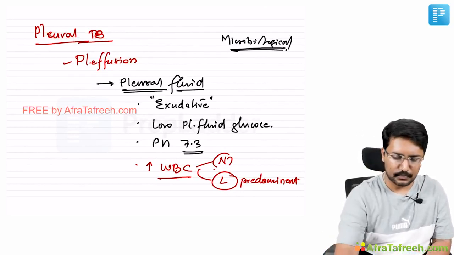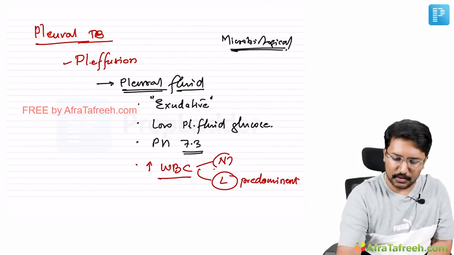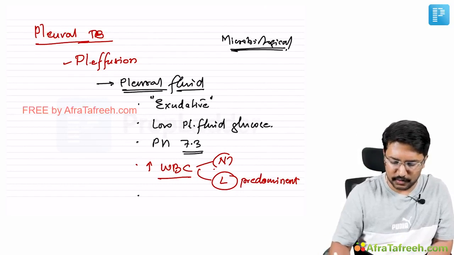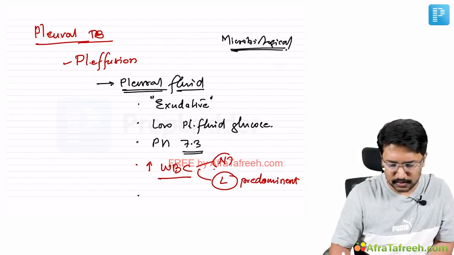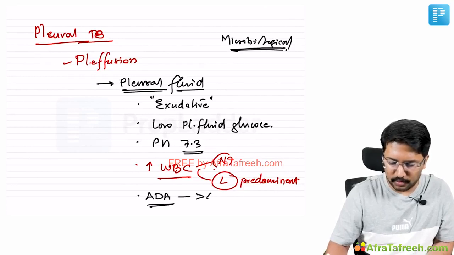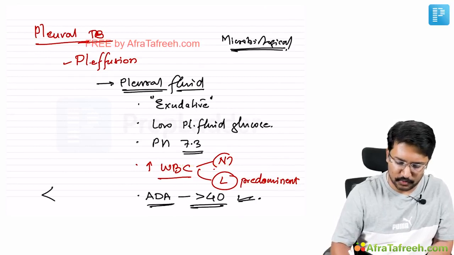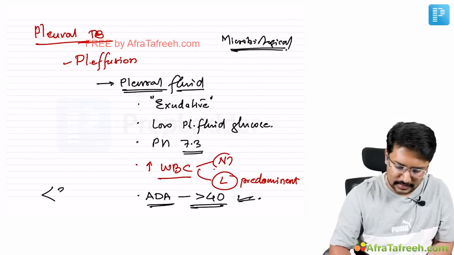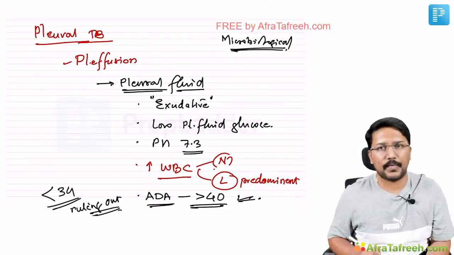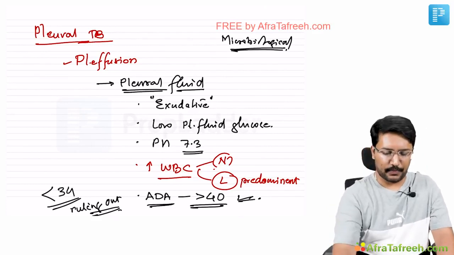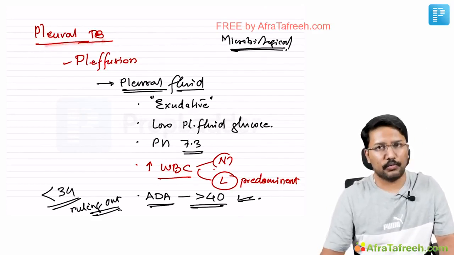Now, one potential clue for the diagnosis of pleural tuberculosis is in the form of ADA levels. ADA levels more than 40 are potentially diagnostic of pleural tuberculosis effusion, and less than 34 may be helpful in ruling out the diagnosis of pleural TB, right? Clear? So that's about pleural tuberculosis.